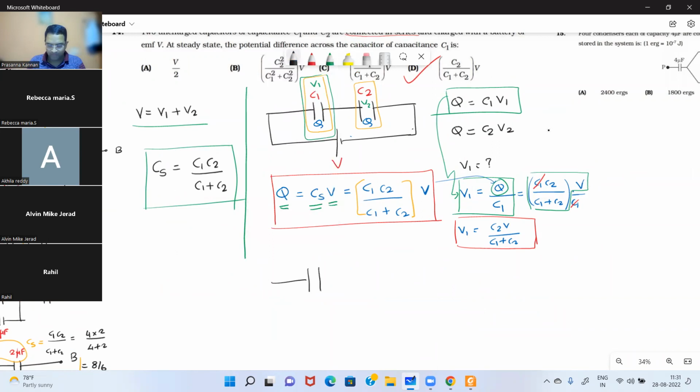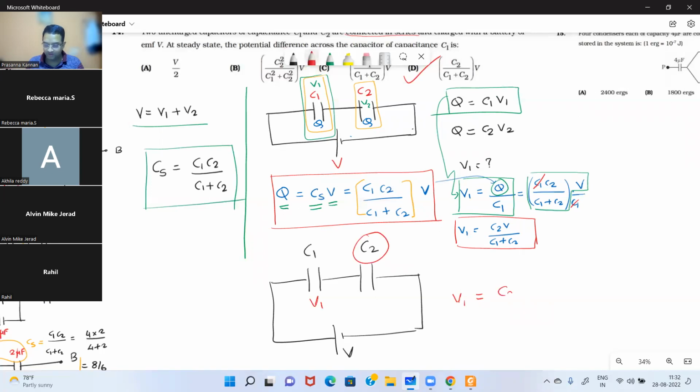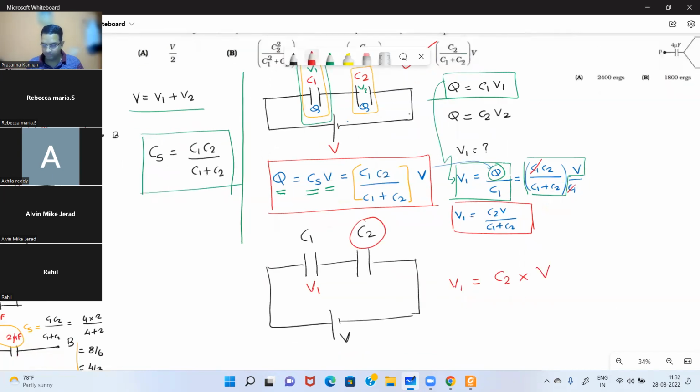So if I have two capacitors, C1 and C2, and the voltage is V here. Suppose I want V1, then V1 will be nothing but the other capacitance. What is the other capacitance? C2 into the total voltage applied, V, divided by the sum of the capacitances, C1 plus C2.